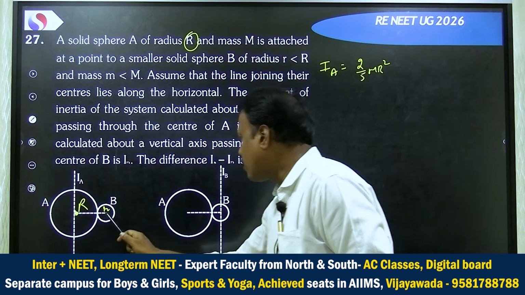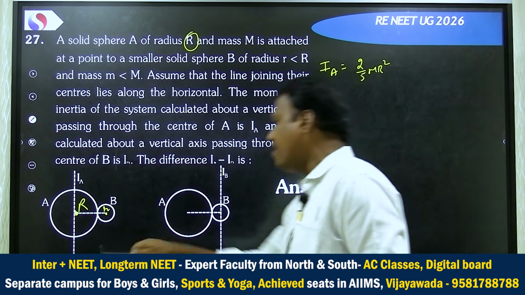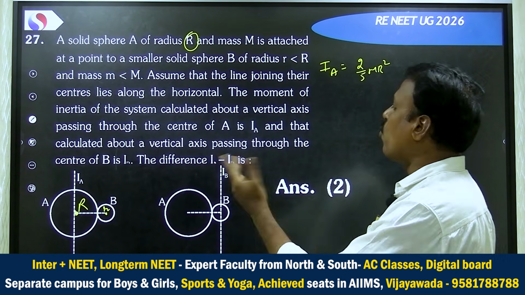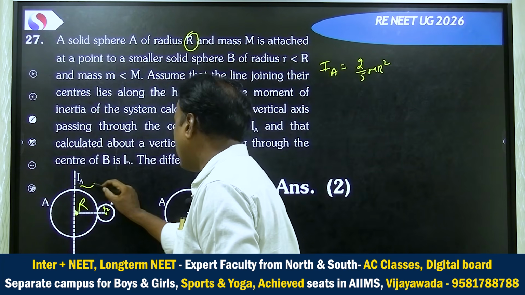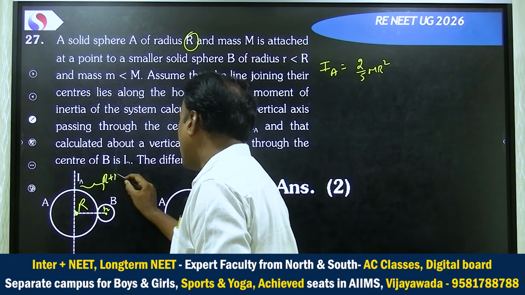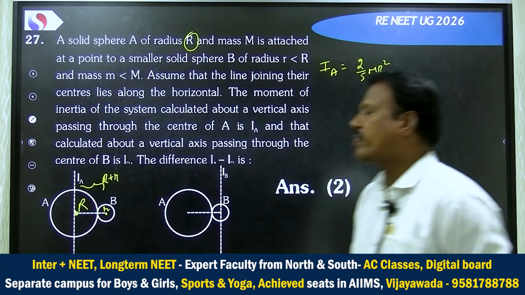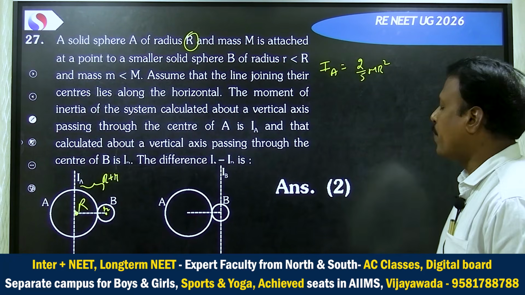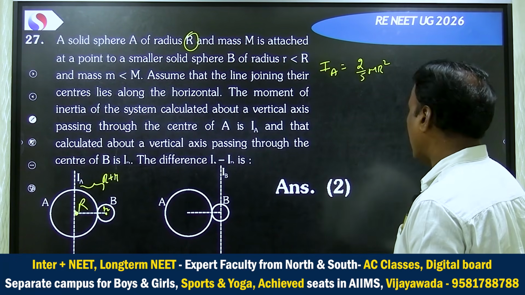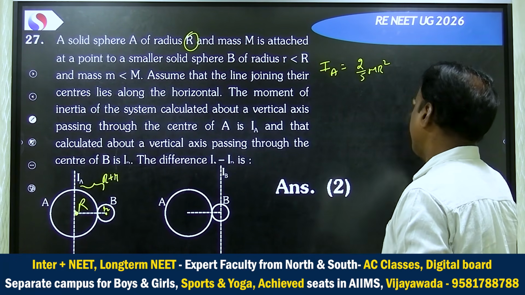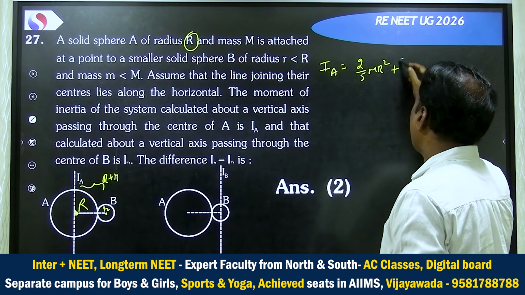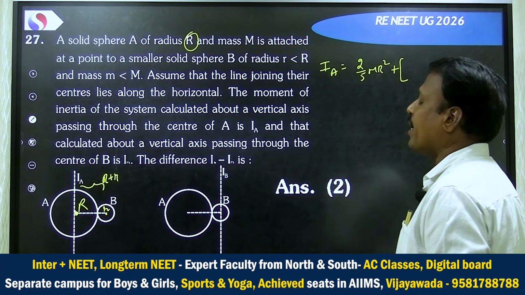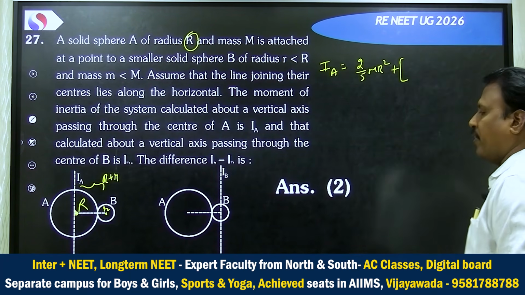But for the sphere B, this is the same axis, but it is outside the body, and the distance between the center of B and the axis is capital R plus small r. So by using the parallel axis theorem, we can find this.